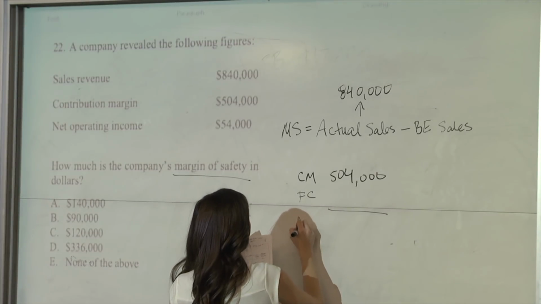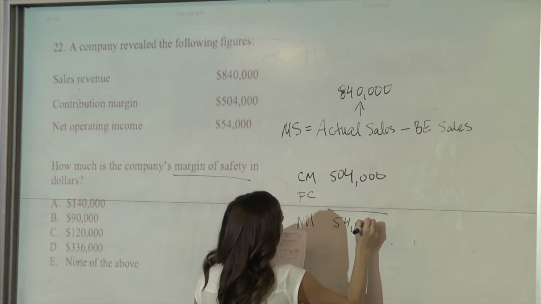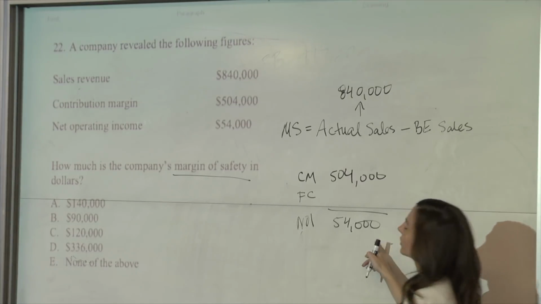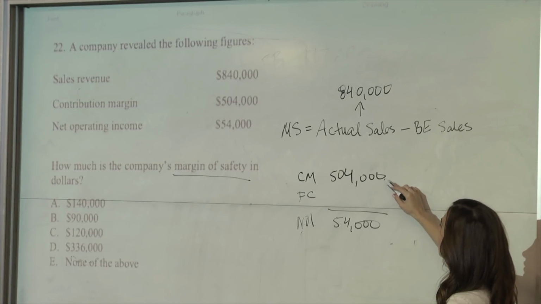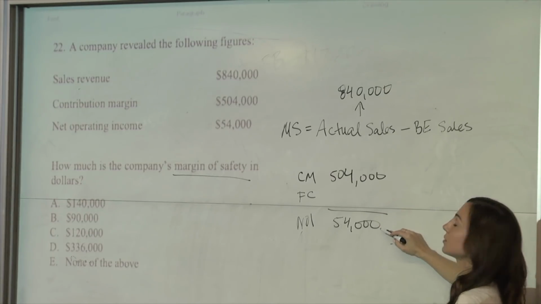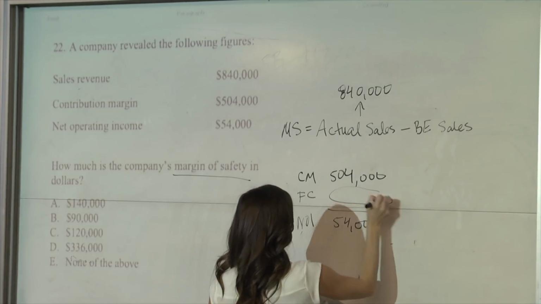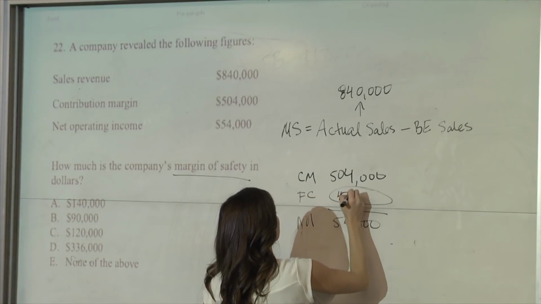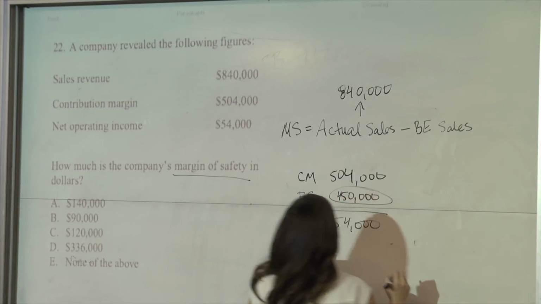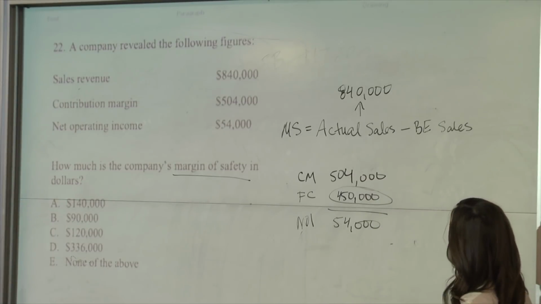We don't have it, but we're given the net operating income of $54,000. Understanding that the contribution margin minus the fixed costs always equals the net operating income, we can arrive at this number, which is $450,000. Okay, so we have our fixed costs.